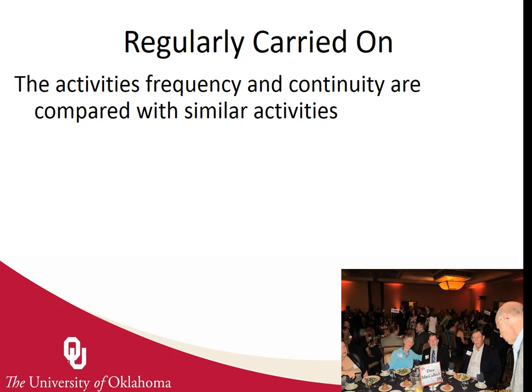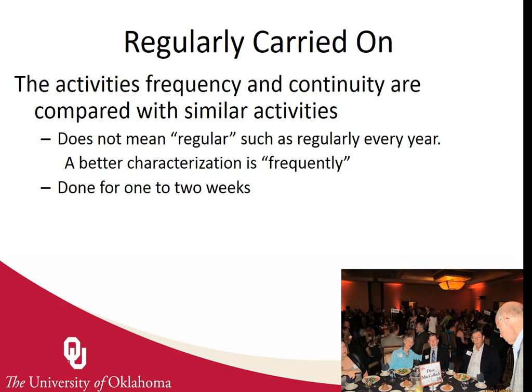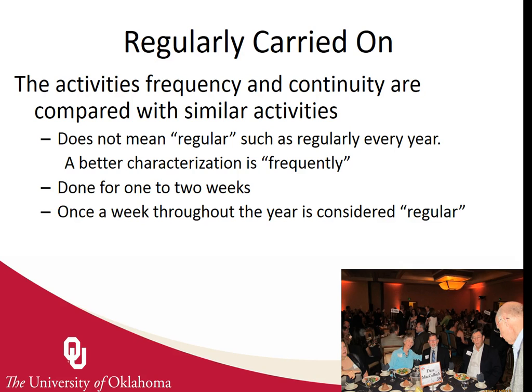Regularly carried on: the activity's frequency and continuity are compared with similar for-profit activities. This does not mean regular in the sense that it is regular every year, like an annual banquet every year at a certain time. Rather, the better characterization is frequently. Done for one or two weeks is not regularly carried on, but once a week throughout the year is considered regular.